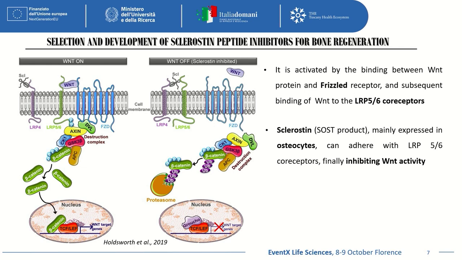And so what we wanted to do was to select a peptide able to bind to sclerostin and eventually interfere with the role of sclerostin in the Wnt signaling regulation. So inhibiting sclerostin means to switch on the Wnt bone regenerating signaling.